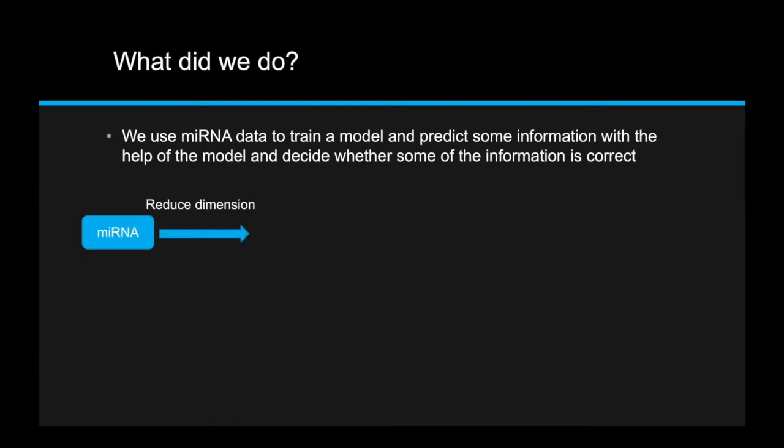Because the mRNA data is so large and has thousands of dimensions, it's very hard to deal with without any pre-processing. So we need to reduce the dimension of the mRNA data. After reducing the dimension, we have clean data, which is much easier to deal with and much smaller than the original one.